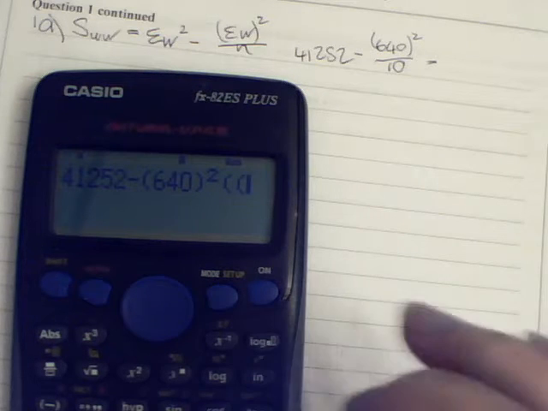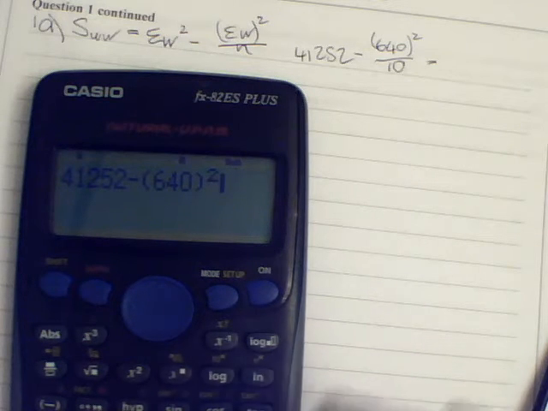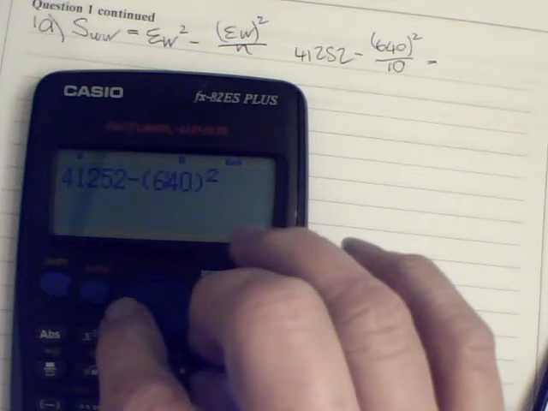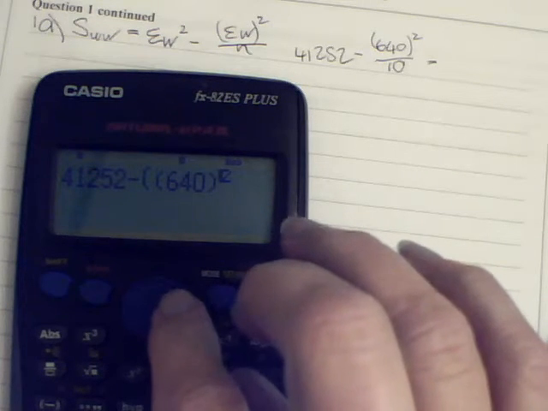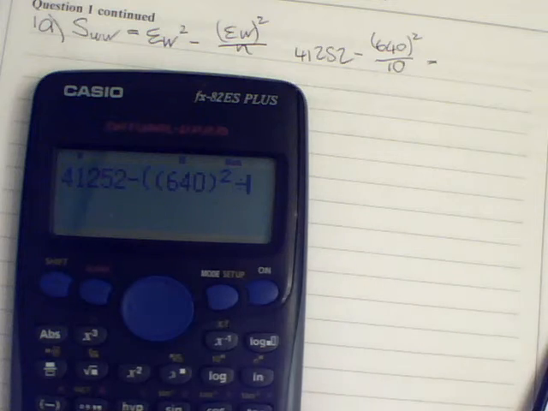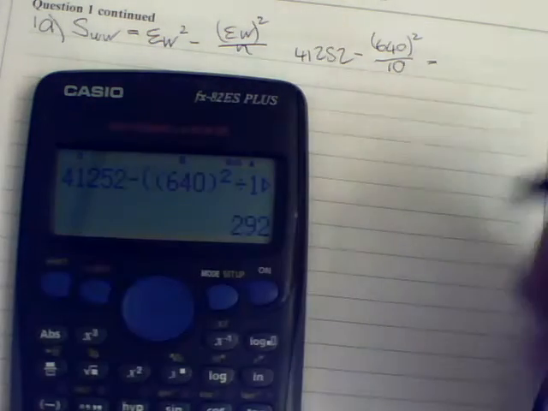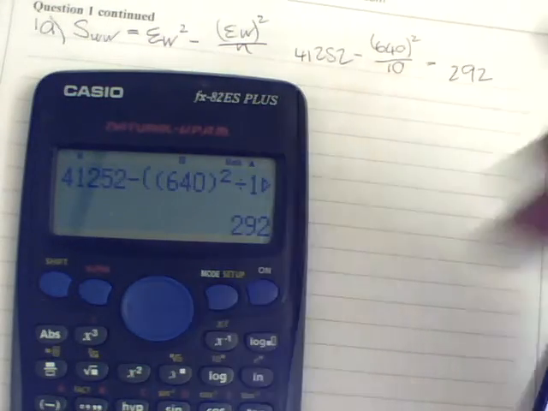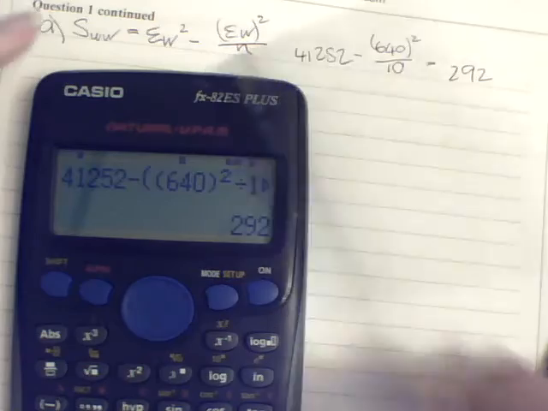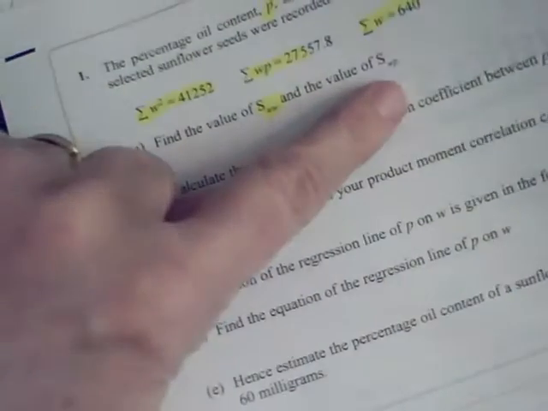Do you know, I'm going to whop another bracket around the whole lot here, divided by 10 is 292. That's our first mark off the paper. We're up and running. Okay, that was S of WW, and it also wants the S of WP.